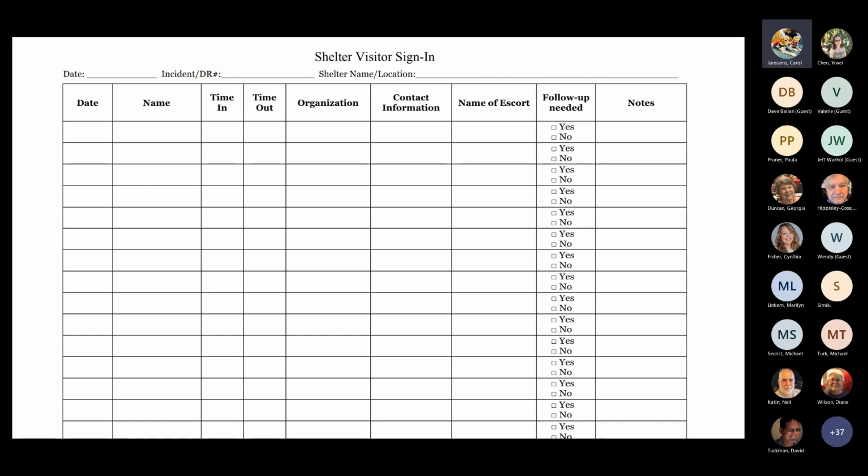Usually they're not allowed in the shelter without pre-arrangements made, but this is a form so that we keep track of who's in the shelter that's not staff and not clients. So any partners that are there, like at one shelter where we had a lot of Hispanic clients, and a neighborhood ministry interpreted and was there all day long to interpret for us, they would sign in on this sheet.